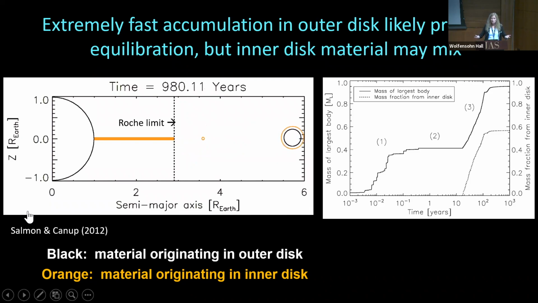What these types of models suggest is that this initial portion of the moon that forms from the material from Theia that starts in the outer disk, it's really hard to imagine how this gets equilibrated with the Earth's composition. It's already melt and it clumps so quickly. In contrast, this material from the inner disk that may persist as long as 100 years or may be very actively mixed, this could be equilibrated perhaps.